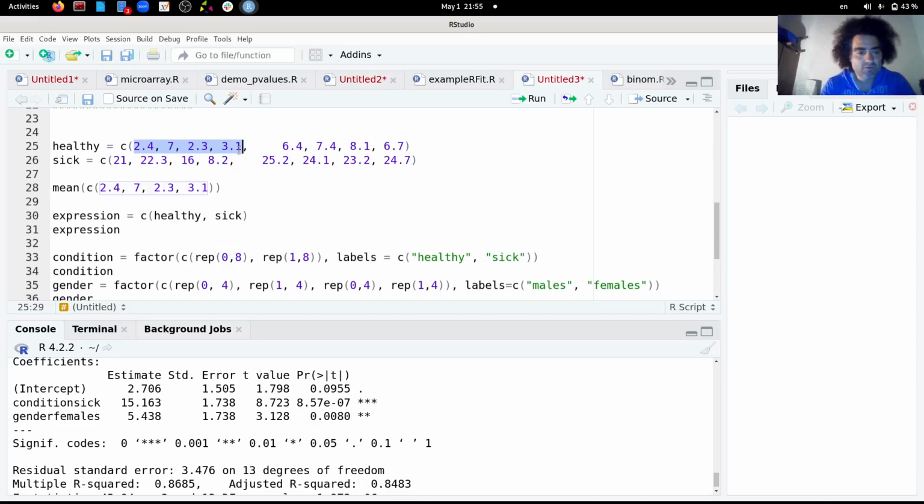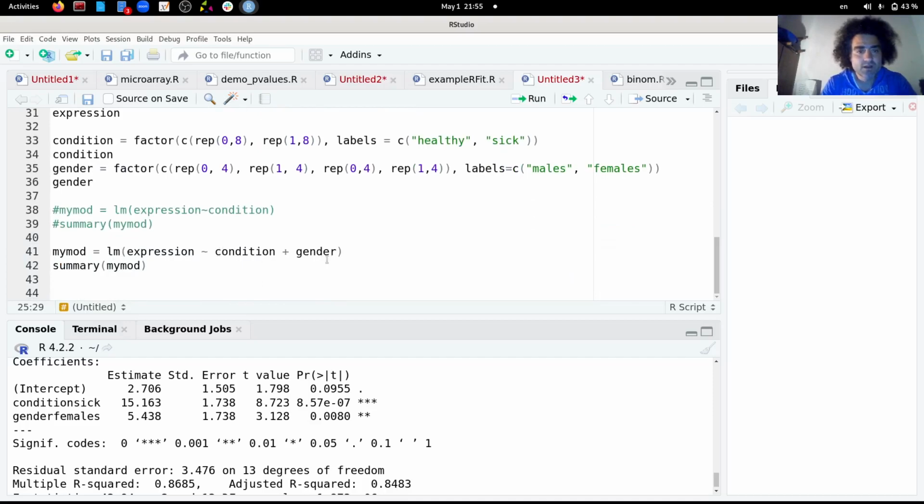This is because in this simple model, we don't assume any interaction between these 2 terms. So the effect of the gender is the same for both conditions, and the effect of the healthy or sick condition is the same for both genders.